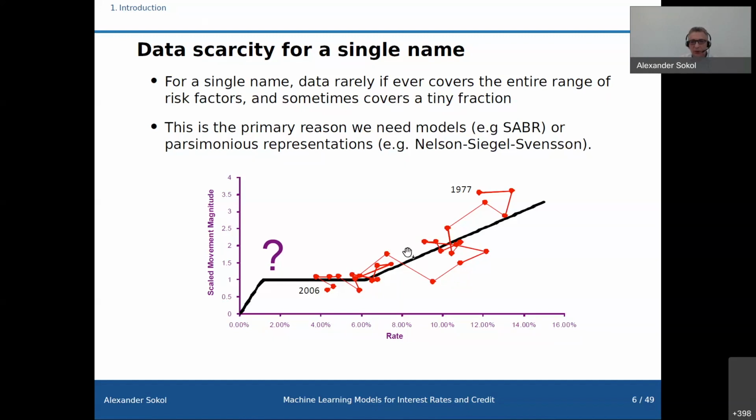This is a chart from a paper by De Guillaume, Rebonato, and Pogudin. In this paper, they've been studying the dependence of volatility on rate level. Now, this paper is actually extremely important because it provides, I think, a foundation for how we're going to build a model for volatility.